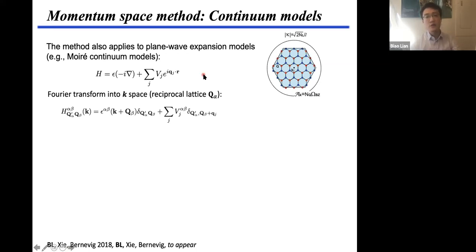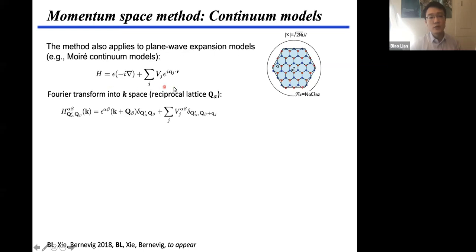This kind of model is derived from another perspective. You start from the electron kinetic energy in free space and add a lattice potential to the system, expanded in Fourier components. These Q_Js are the Fourier momenta of the periodic lattice potential, so they take integer multiples of the reciprocal vectors.